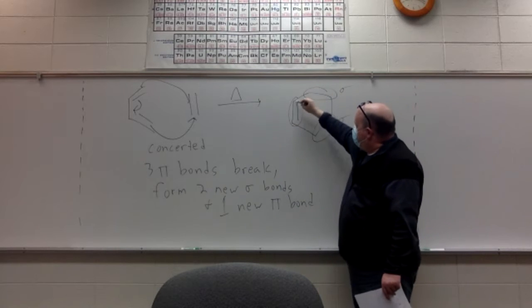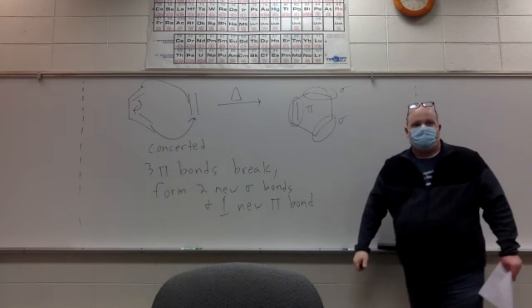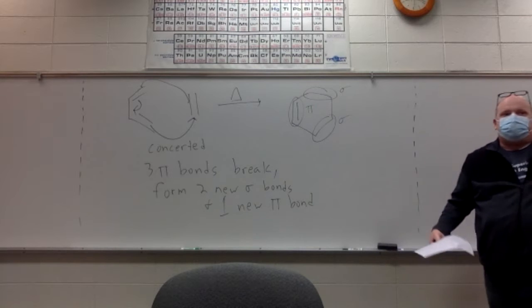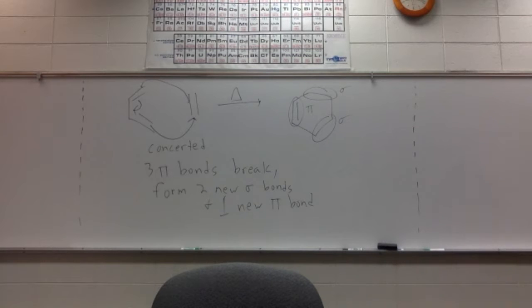And here's the new pi bond that you made right there. Okay? That's one thing that's kind of nice about Diels-Alder reactions: from a mechanism standpoint, they're very, very predictable.